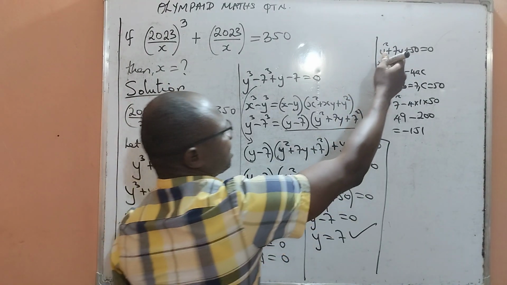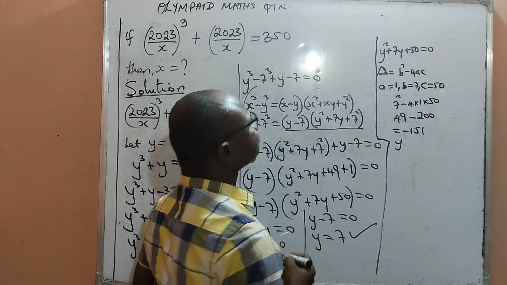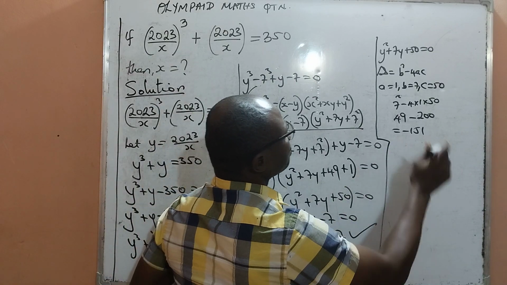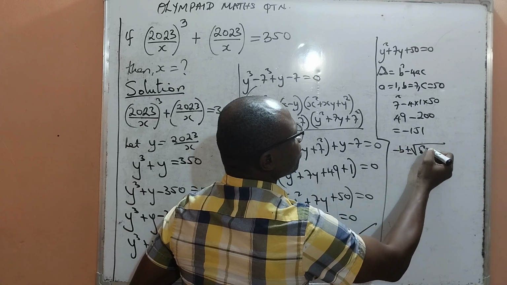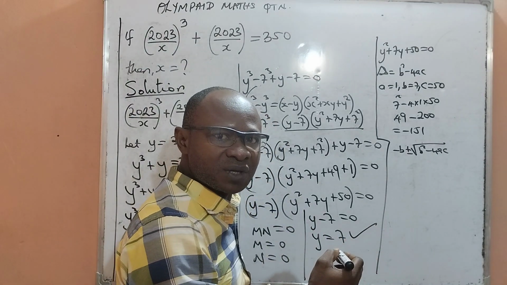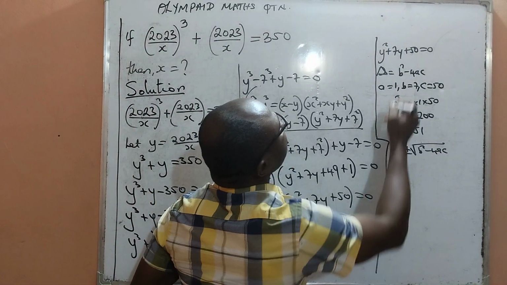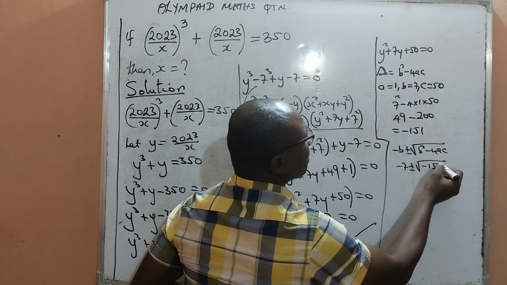What it means here is that the value of y, if I have minus b plus or minus the square root of b squared minus 4ac, which is the formula method of solving a quadratic equation, this is now going to be minus 7 plus or minus the square root of minus 151.